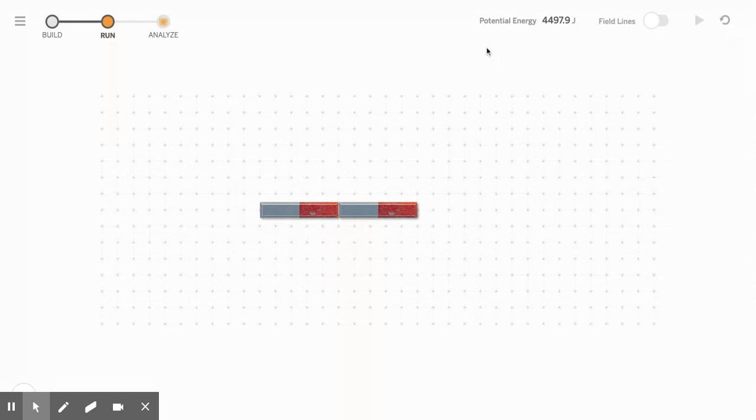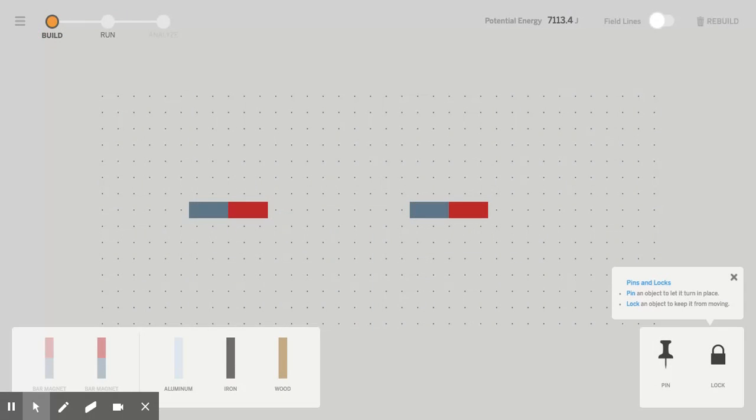Let's try something a little different. For my third experiment, I'm now going to put these back so that they're 3 centimeters apart, 3 little dots apart, and I'm going to flip the magnet. But I'm going to flip it so it matches what you see on your data table.